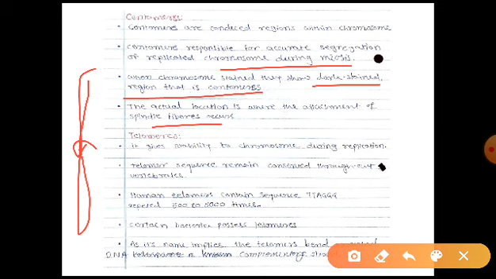Telomeres give stability to the chromosome during replication. The telomere sequence remains conserved throughout the vertebrates. In humans, telomeres contain the sequence TTAGGG, repeated around 500 to 5000 times.